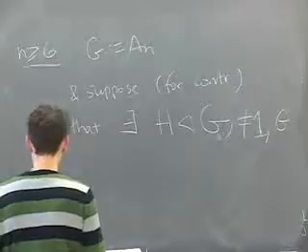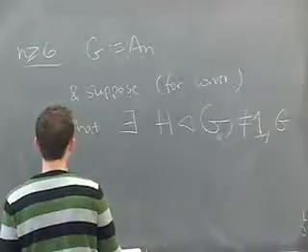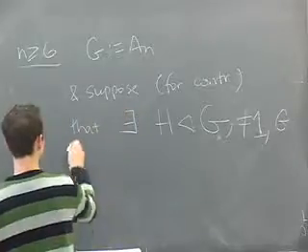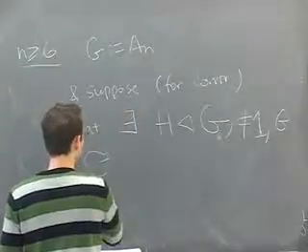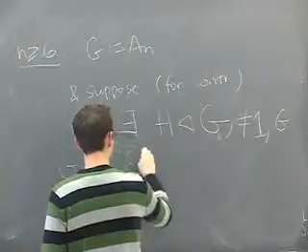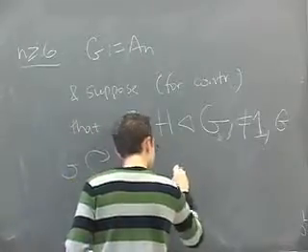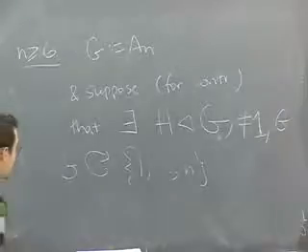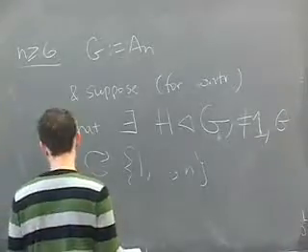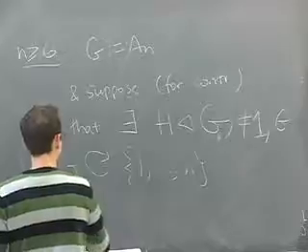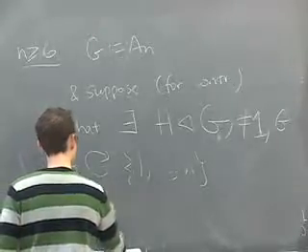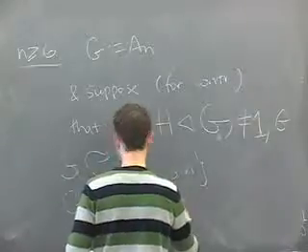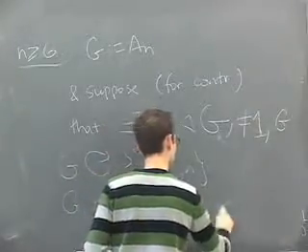Because we've been talking about group actions and Sylow theory, we're going to use the same sorts of techniques. The first example is to use the fact that G acts on the set 1 through n. And we're going to let G_i be, as per the usual notation, the stabilizer of i.